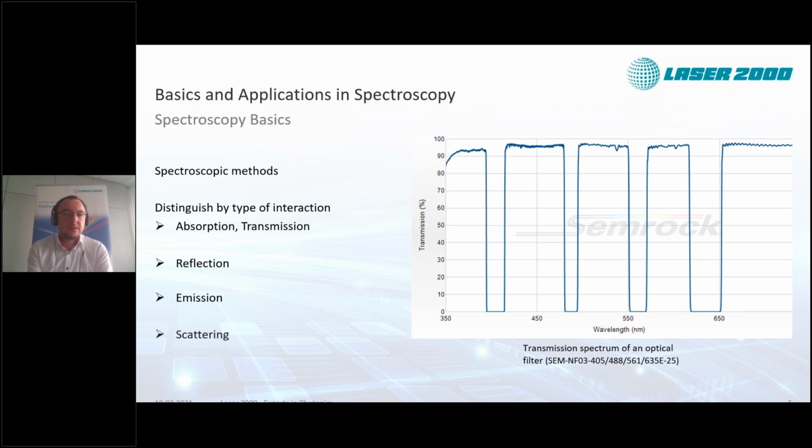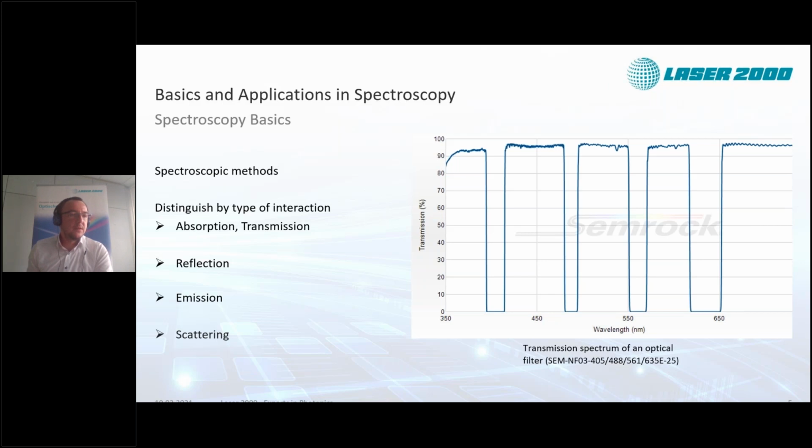There are many different ways to distinguish between the types of spectroscopy. One common type is to distinguish the methods of spectroscopy by the type of interaction that light has with the sample provided, like absorption, as you can see here.